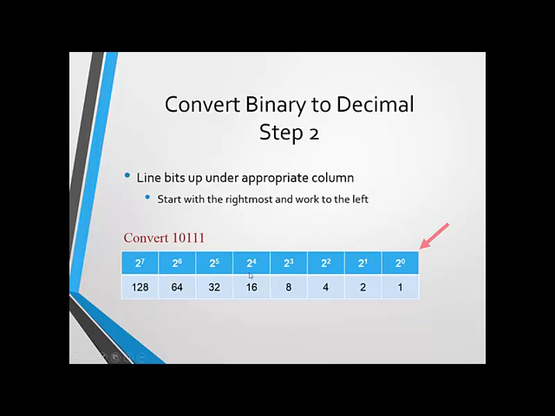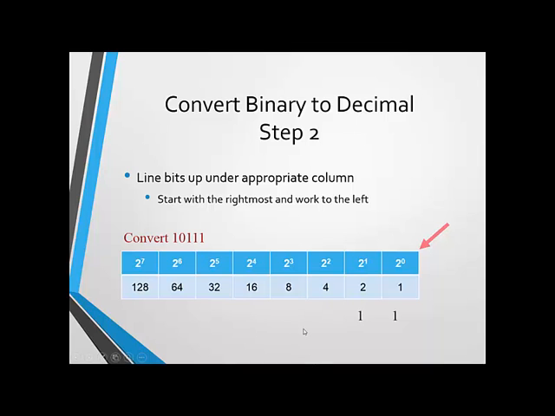Alright, now we're going to convert the binary number 10111. The first thing we want to do is, beginning with our least significant digit, start lining our binary digits up under the appropriate column. So this 1 is going to go over here in our ones column. This next 1 would go right beside it in our twos column.